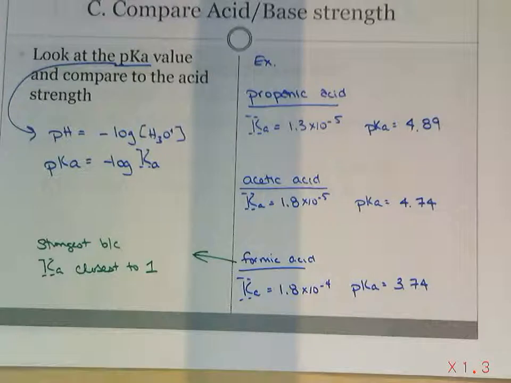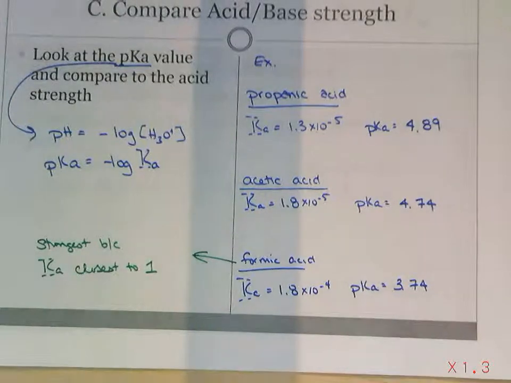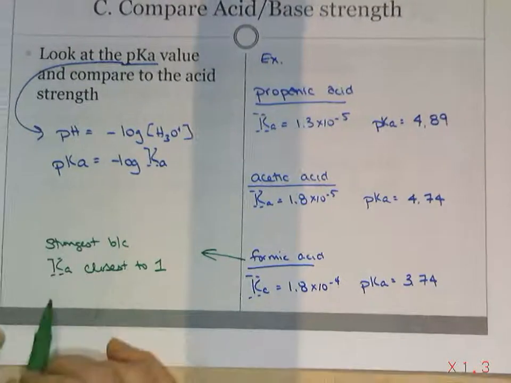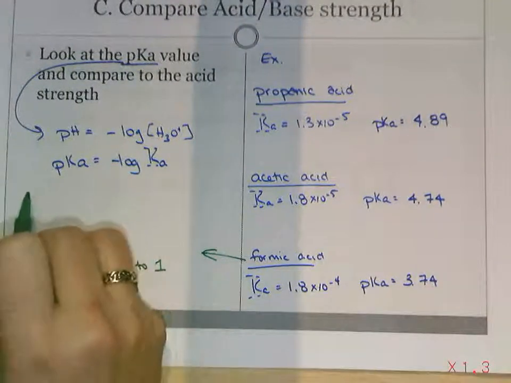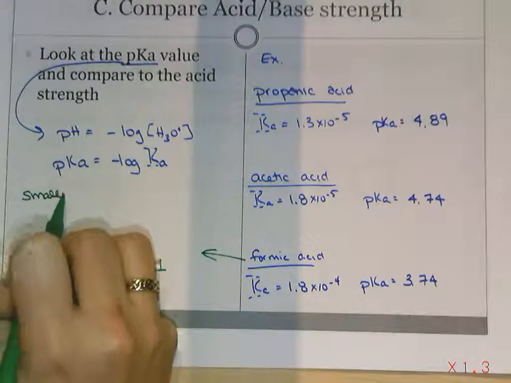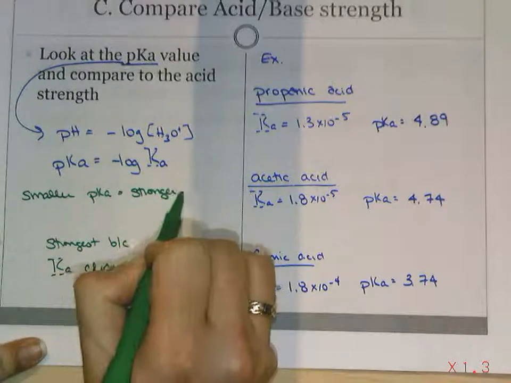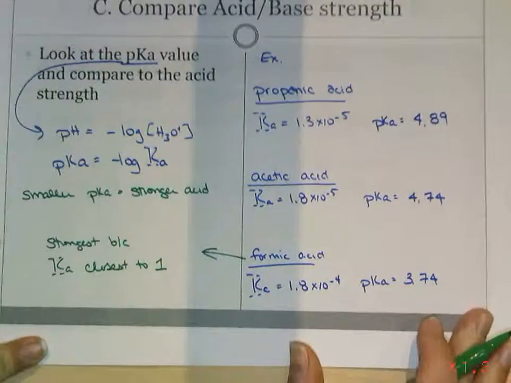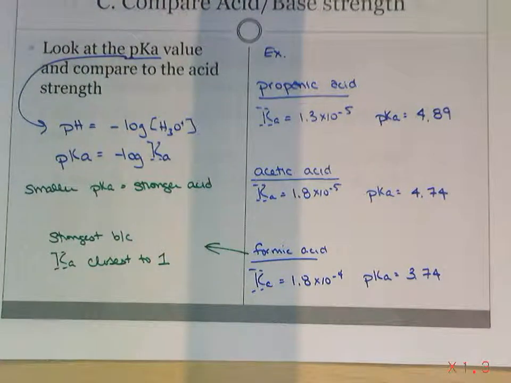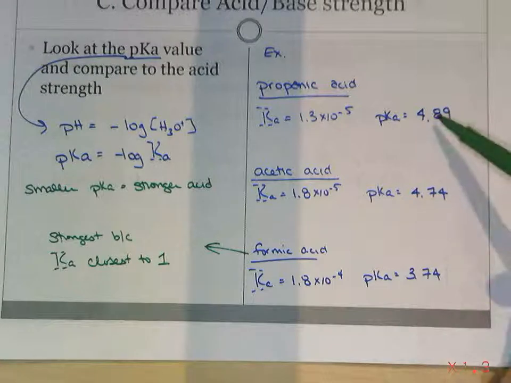Smaller the number, stronger the acid. So as the pKa decreases, I have a stronger acid.